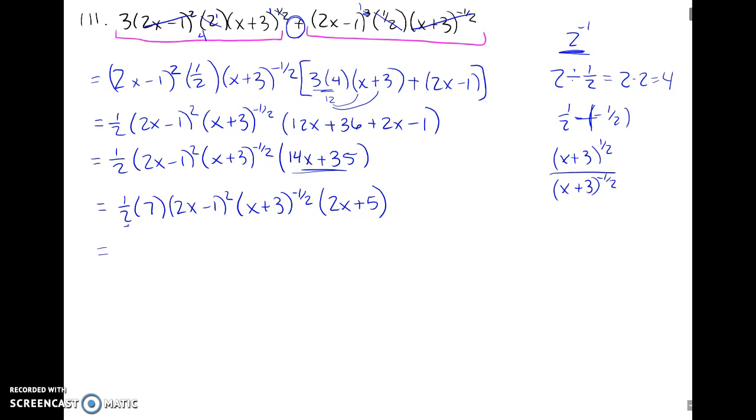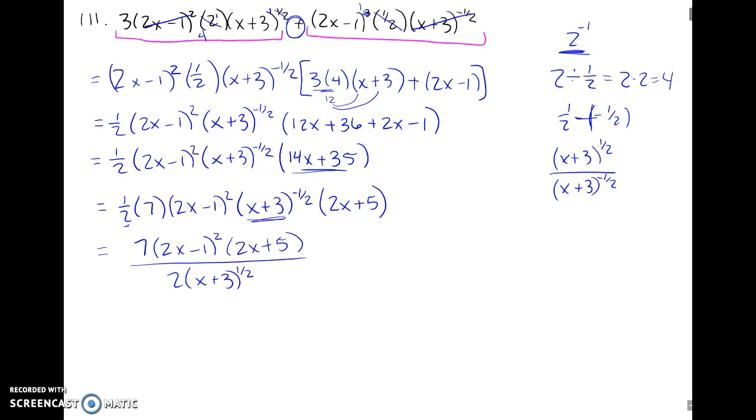So if we had written this as 2 to the negative 1, we would have that negative exponent that we want to move to the bottom of the fraction. So everything that's on top, I'm going to leave on top. 7 times 2x minus 1 squared. This one's going down to the bottom, so I'm going to leave that off. And then times 2x plus 5, all over 2 times x plus 3 to the 1/2.